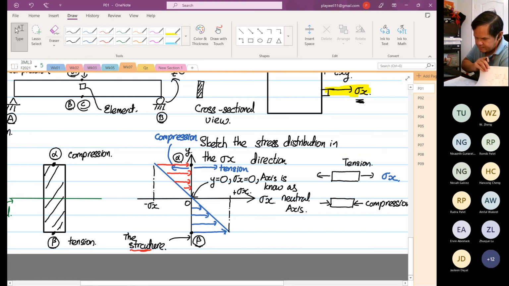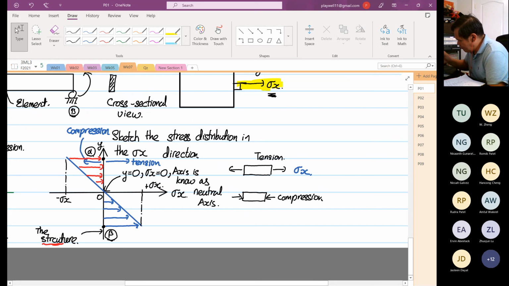The next thing I'd like you all to take note of is this. For this type of loading, I'll write down here, centric loading.